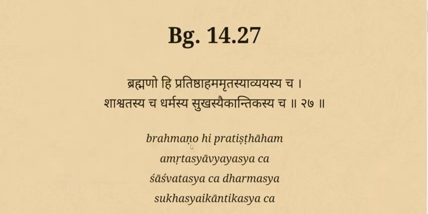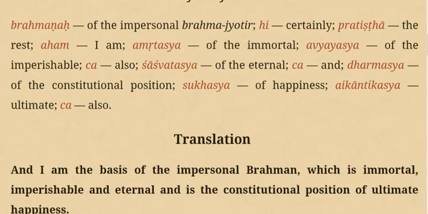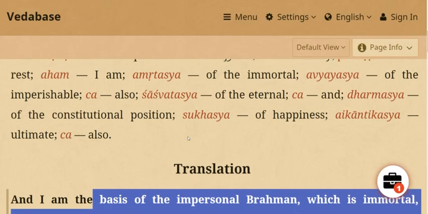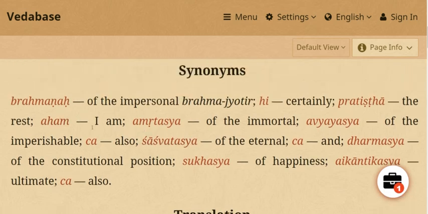Brahmano hi pratishtham amritavasya shashvatasya dharmasya sukhaita ekatantasya cha. I am the basis of impersonal Brahman, which is immortal, imperishable, eternal, and is the constitutional position of the ultimate happiness. So this Brahma Jyoti is there, and Krishna says, I am the basis of it. Aham, I am.